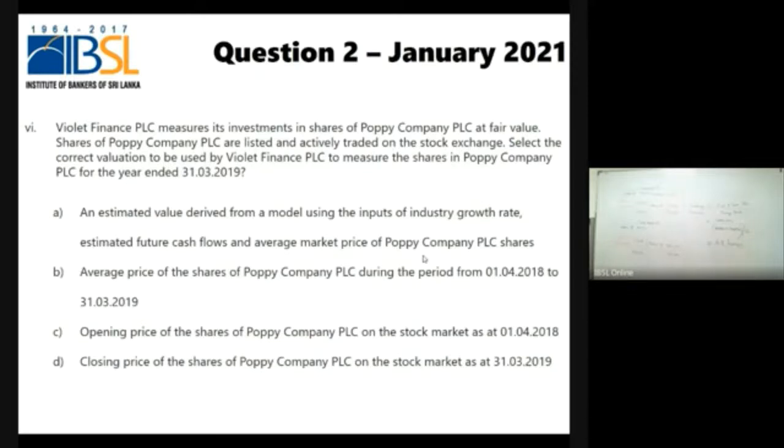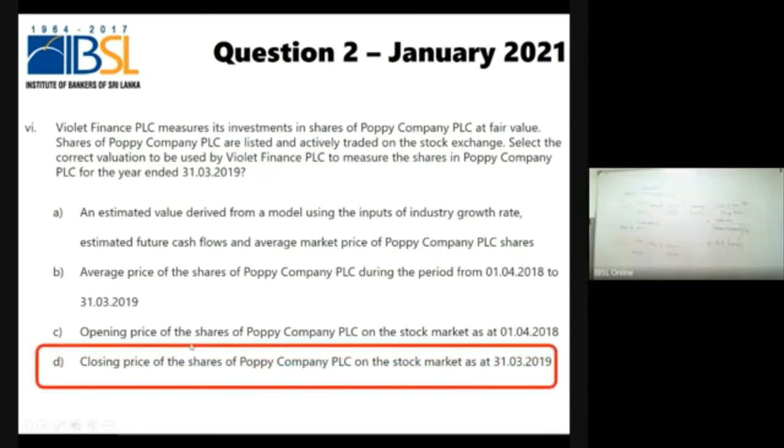So you have to take the price of the share as at 31st March 2019. What is that? The closing price. The closing price of the share of Property Company PLC on the stock market as at 31/3/2019.